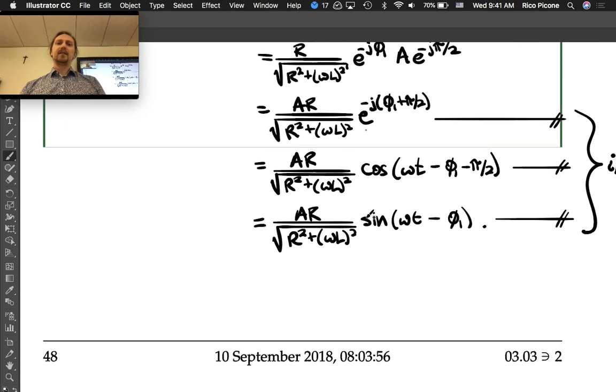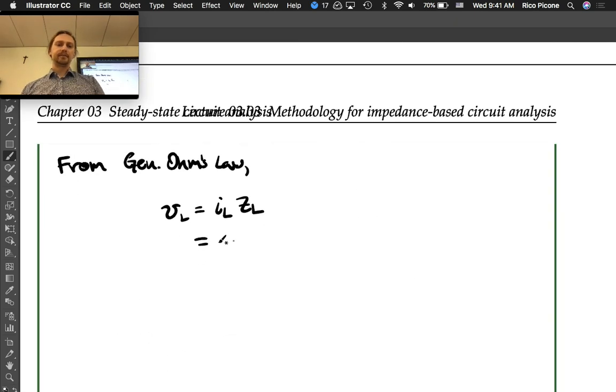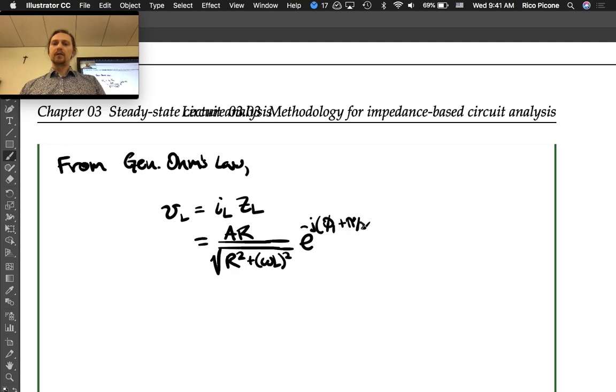So let's rewrite that. AR divided by the square root of R squared plus omega L squared. And it was times e to the minus j phi 1 plus pi over 2.